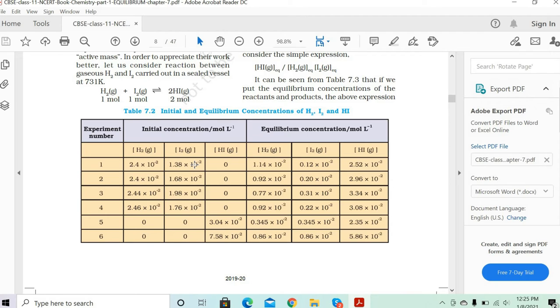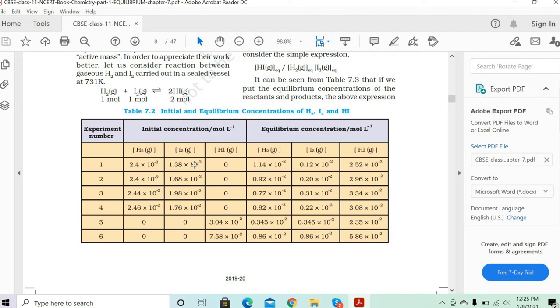At the same time, the concentration of H2 was decreasing and I2 was also decreasing. Clear? Rows 1 to 4 show the forward reaction, in which hydrogen and iodine get converted to HI.